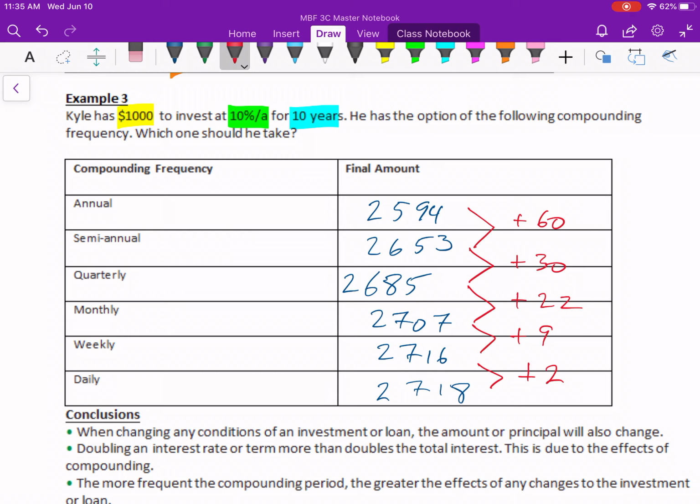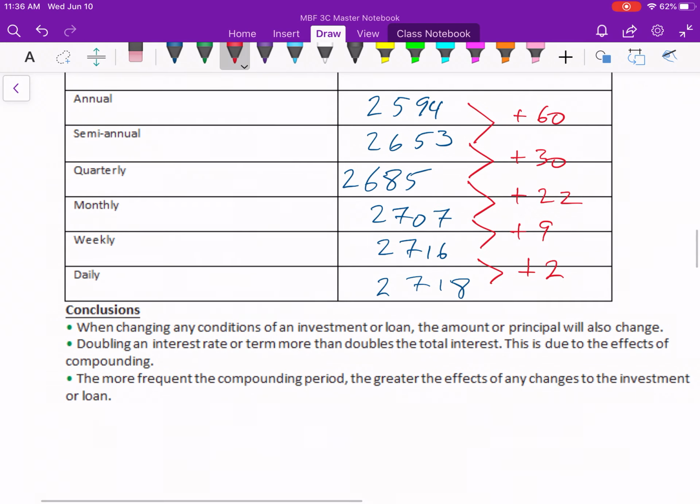Like going overall from annually to daily, for sure, that's, what, $150? Maybe not that much. $120 anyway difference between those two extremes. Makes a difference, but it definitely varies. So if you're investing, the point is you want the compounding frequency to be as often as possible.